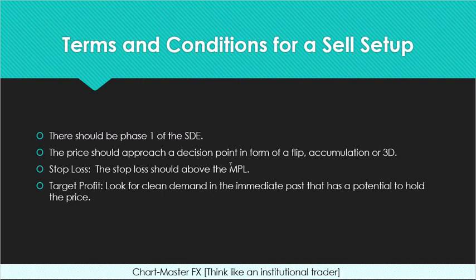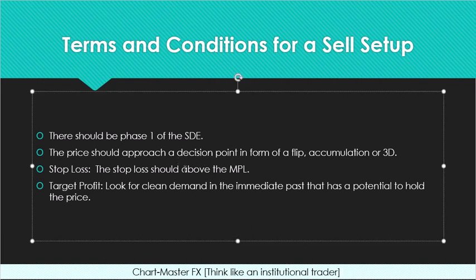Or if the MPL is far away from the higher high, then it's good for you to put your stop loss above the MPL, so that you do not have a large drawdown, or you do not suffer large losses if the trade goes against you. Then the stop loss should be above the MPL, as I have alluded before.